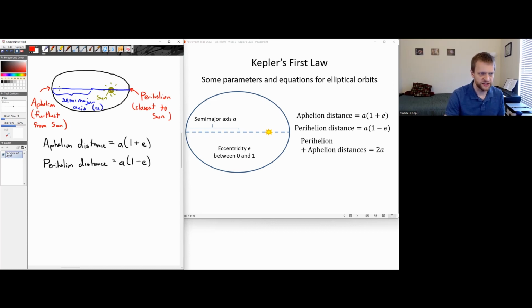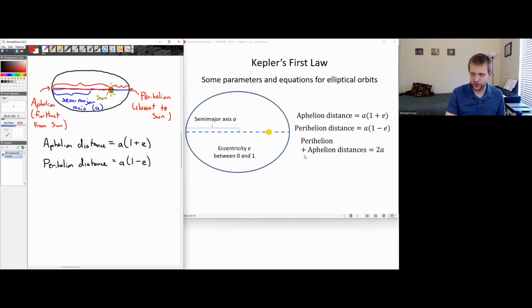The aphelion distance is the furthest the planet makes it from the sun. So this is the aphelion distance, and this is the perihelion distance. If I add those together, that's the full width of the orbit, which is by definition twice the semi-major axis.